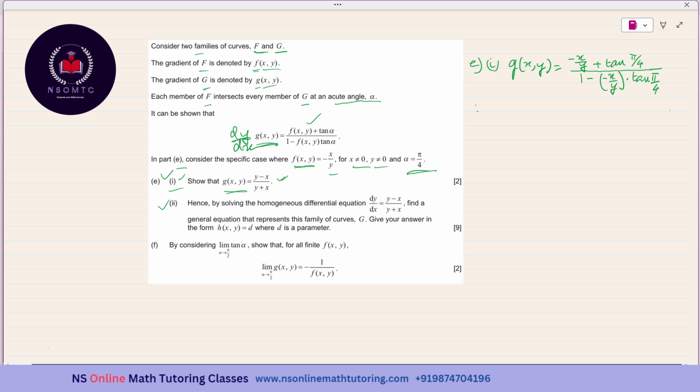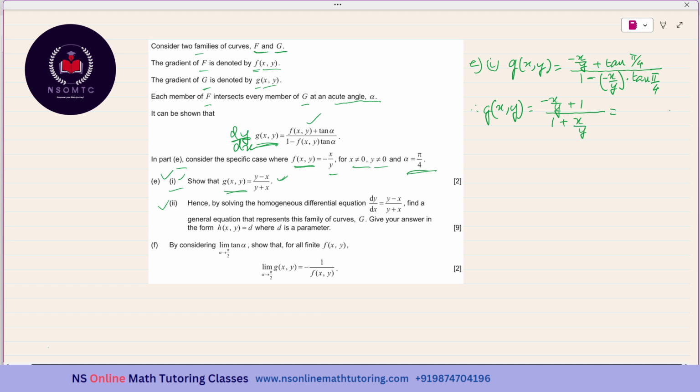Okay. So, therefore, g of x comma y is equal to negative x over y plus 1 over 1, and this is minus of minus is plus, and times by 1 is the same thing. So 1 plus x over y.